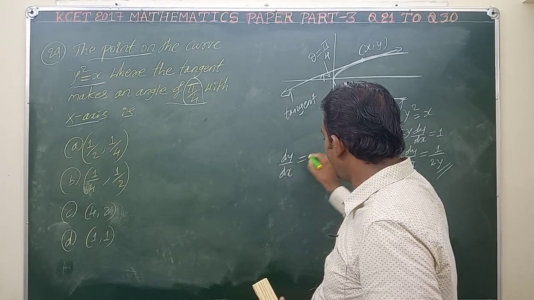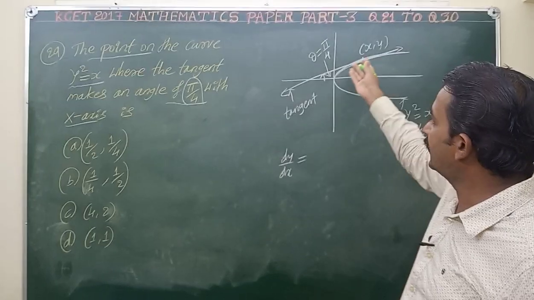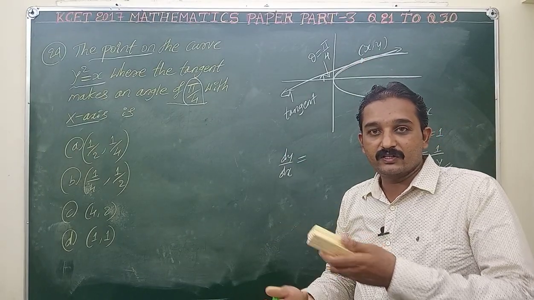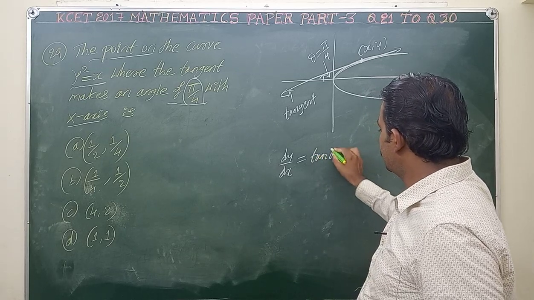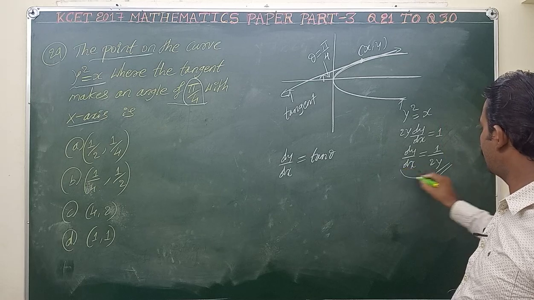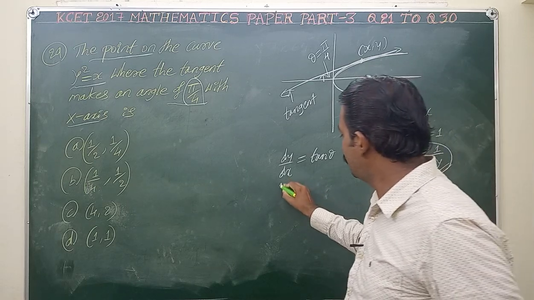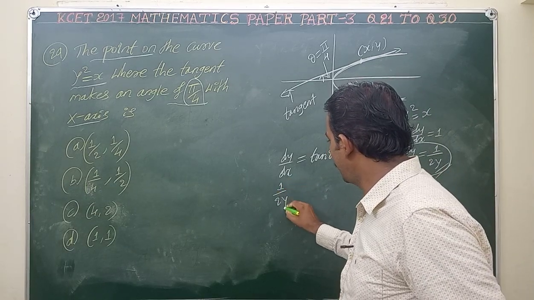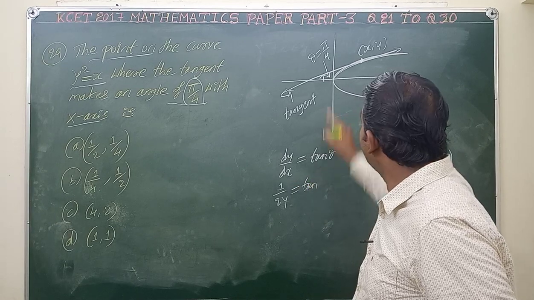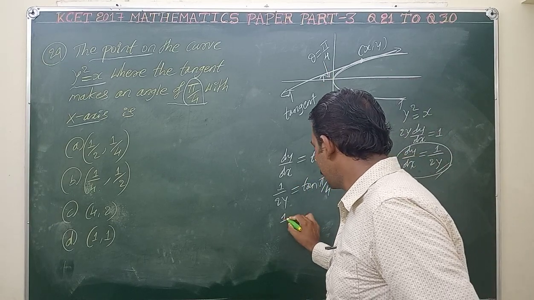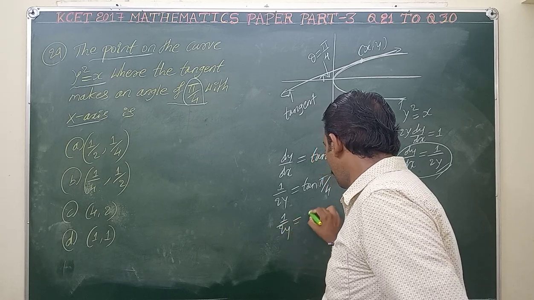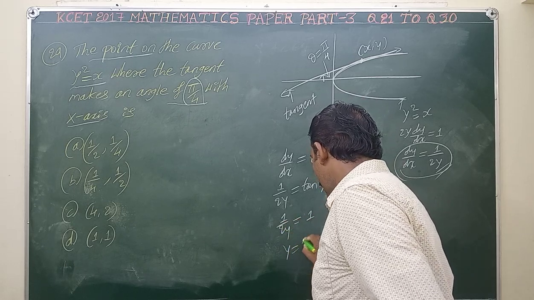According to the first year, the slope of the tangent in terms of inclination is nothing but tan theta. So 1 divided by 2y is equal to tan pi by 4, so 1 by 2y is equal to 1. Now y is equal to 1 by 2.